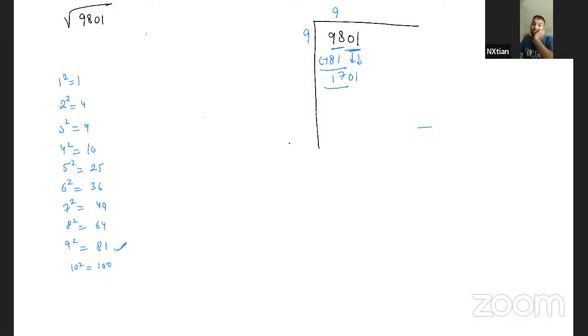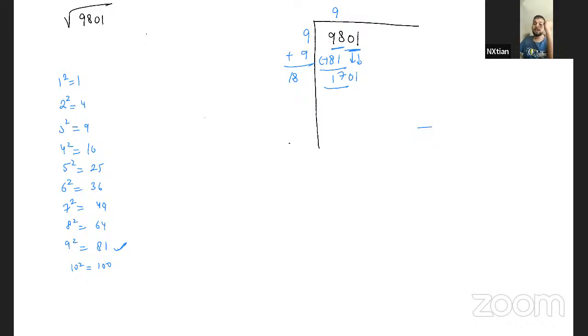Understood? Now the 9 I multiplied, I have to add here. Whatever number I multiply, whatever the quotient is, you have to add it. So it will become 9 plus 9, which is 18. Understood, Jahuan?